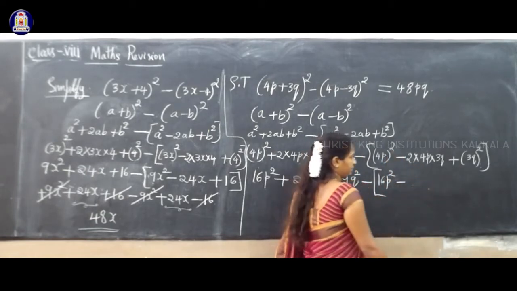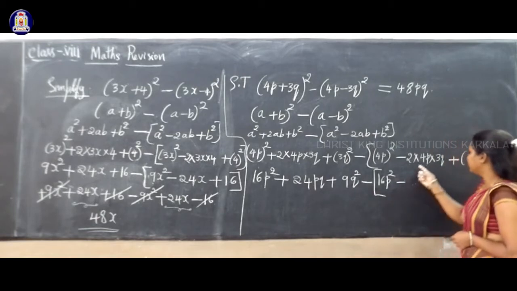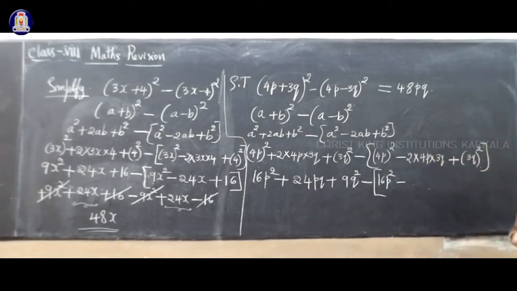Now next, multiply the numbers 2 into 4 into 3. 2 fours are 8, 8 threes are 24. So next the variable is p into q, that is pq. Okay. Plus (3q) the whole square, which means 3 into 3, that is 9, and q into q is q square.